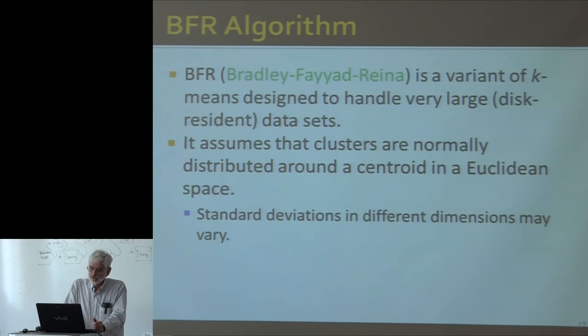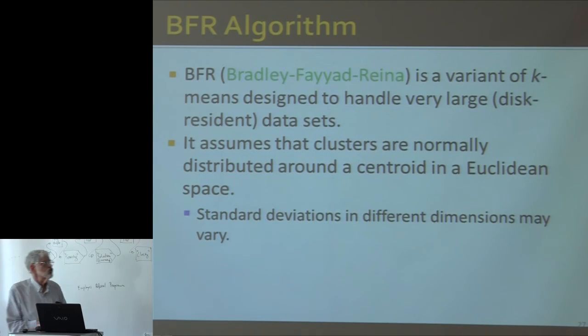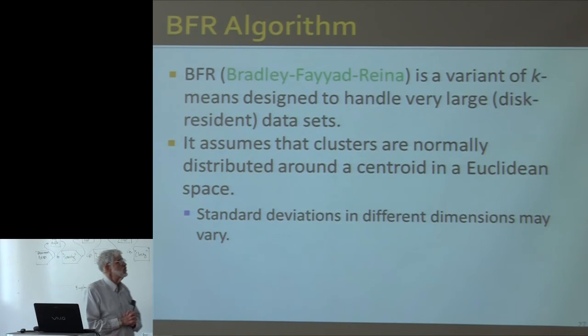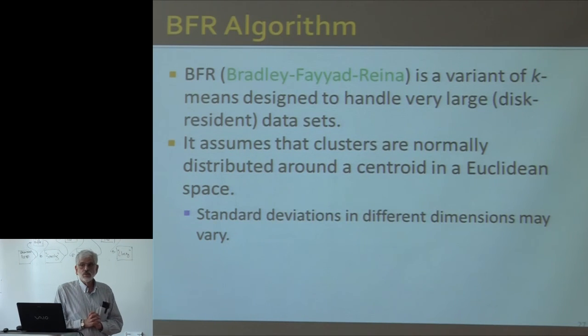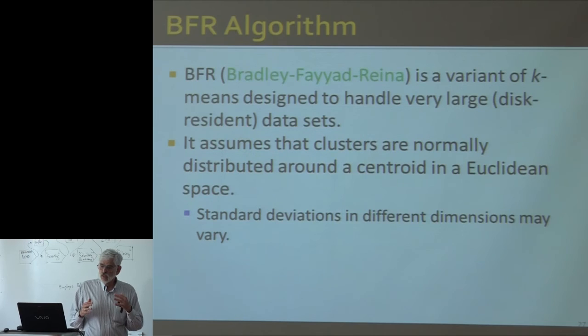Okay, now they make fairly strong assumptions, which are first of all that the clusters are normally distributed in a Euclidean space, and the clusters can have any number of dimensions, but the dimensions are independent.